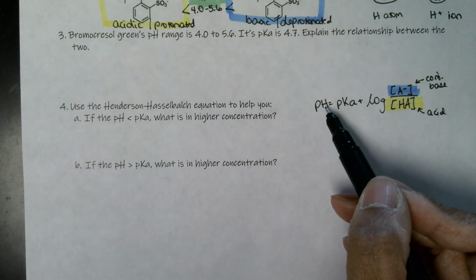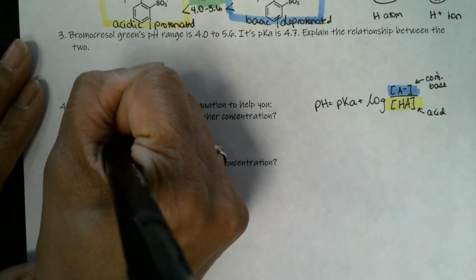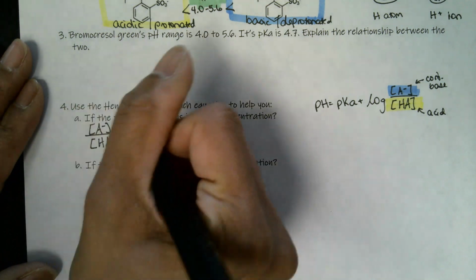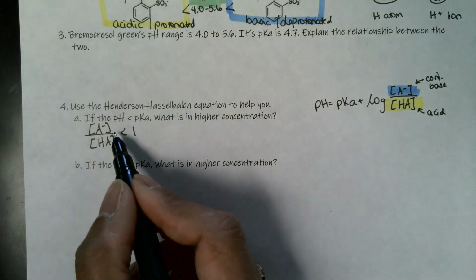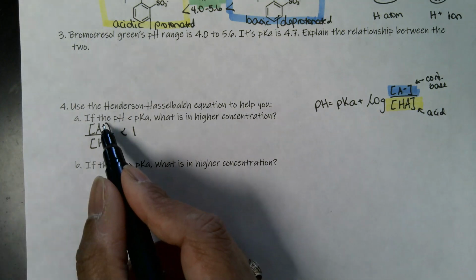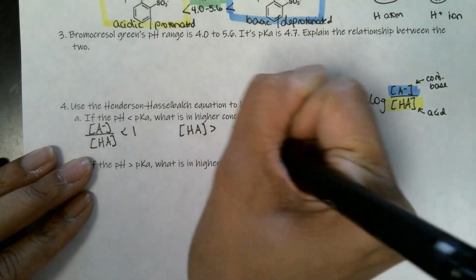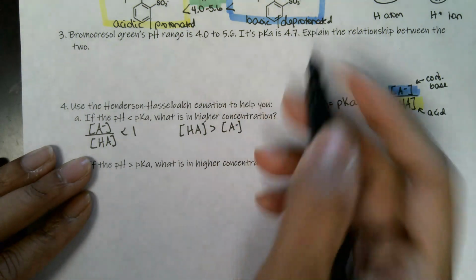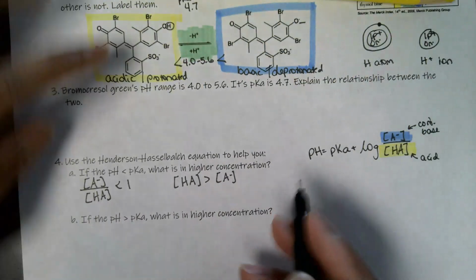So the concentration of A minus over the concentration of HA is going to be less than 1. That means you're going to have a much greater denominator than numerator. Hence, your concentration of acid is greater than the concentration of your conjugate base. And in this case, if you have a greater concentration of acid, it's going to be yellow.